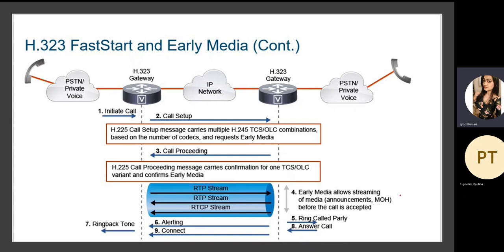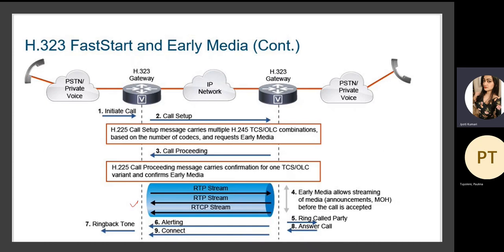Now, early media allows streaming of media like announcements or music on hold before the call is actually accepted. In that case, the RTP stream is built, but we have additional media like announcements or music on hold before the call is accepted. For example, in the customer care office, like I took the example before, it asks you to put in some inputs.